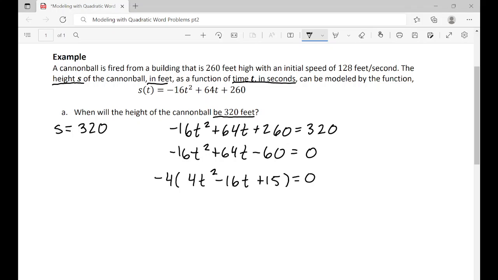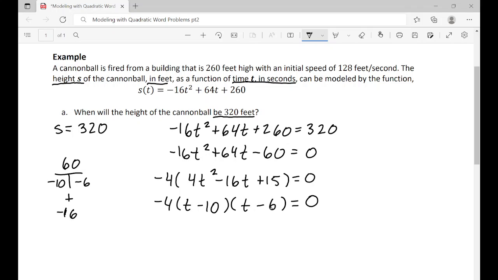And so I ask myself, what times what? 4 times 15 will give me 60. But when I add the same two numbers, I get negative 16, the middle coefficient. And in this case, it's going to be negative 10 and negative 6. So plugging them into my factored form, I'm going to get t minus 10 and t minus 6.